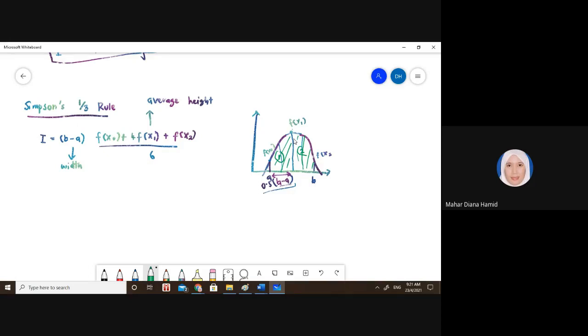So h here, if we have several segments, is actually b minus a divided by the number of segments. So this is h, if we have 2 segments.